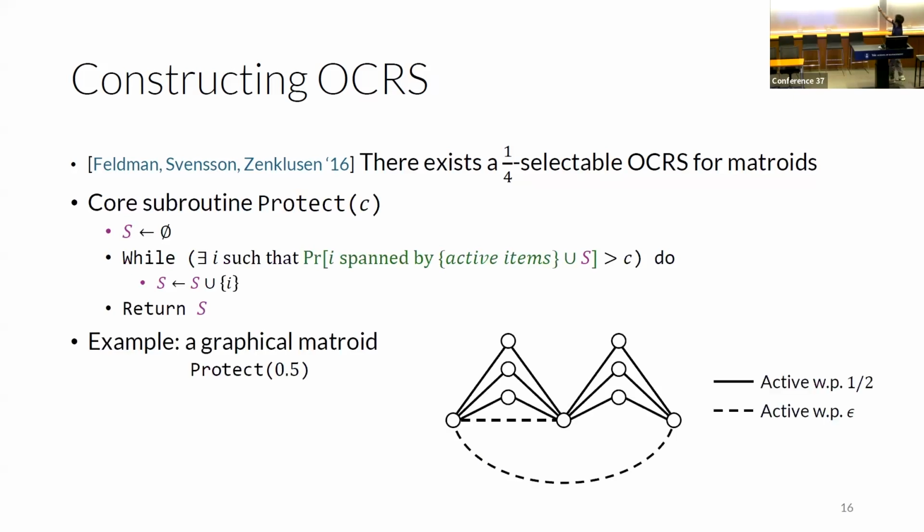For example, in this graphical matroid, we will realize that the top dashed edge is easily spanned by others. So we will protect this edge. And the bottom one, after this protection, also becomes fragile to others. So we will also protect the bottom edge. In this way, the output of this protect subroutine would be these two purple edges.